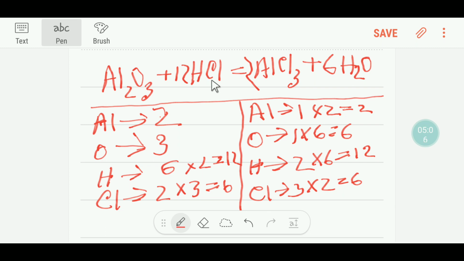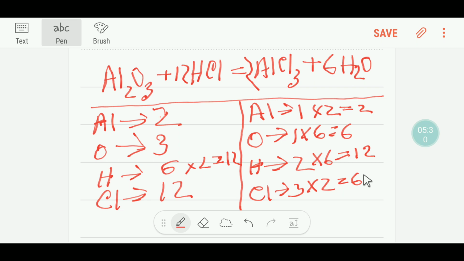So I am getting here 12 chlorine, right? So I will write here 12 chlorine. Okay, let me write the 12 chlorine, and here we have 12 hydrogen. However, now our hydrogen is balanced. Our chlorine here is 12, but here we have just 6 chlorine.